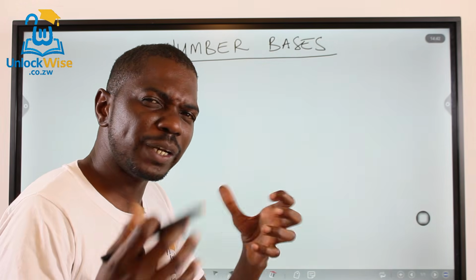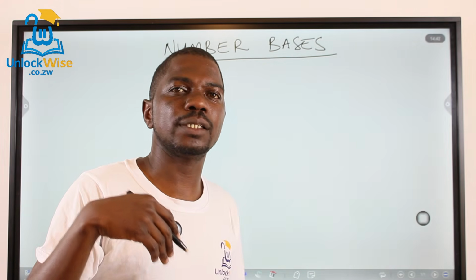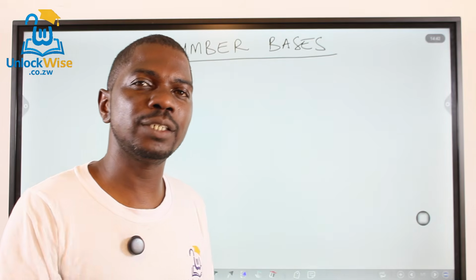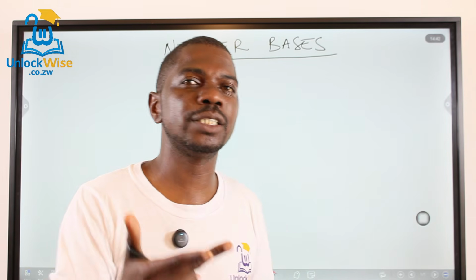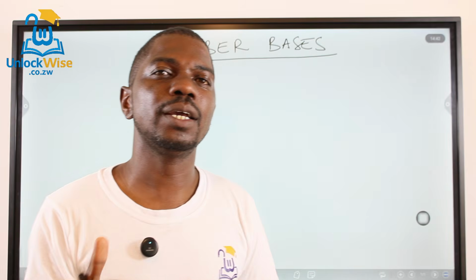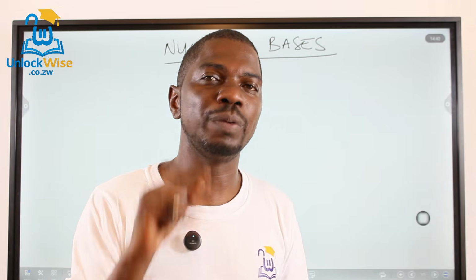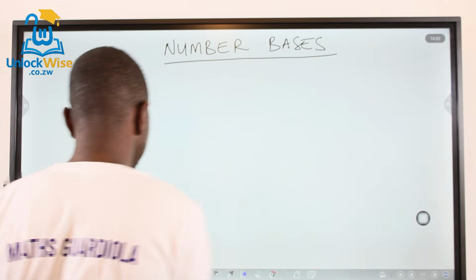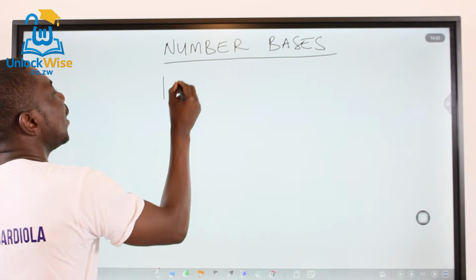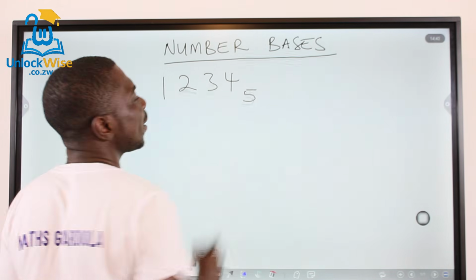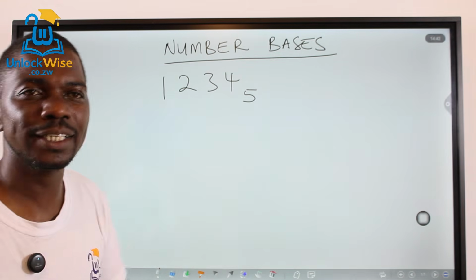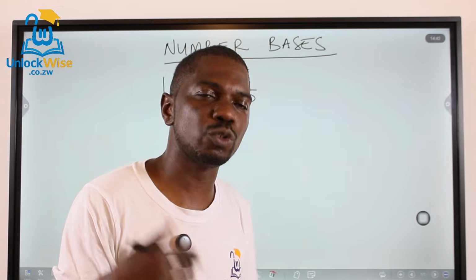So the first thing I want you to notice is we are going to express numbers as powers of their base outside base 10, because what I did was I highlighted how to express numbers as powers of their base in base 10. I will use this one: 1, 2, 3, 4, which is in base 5. And we want to express this in powers of its own base.